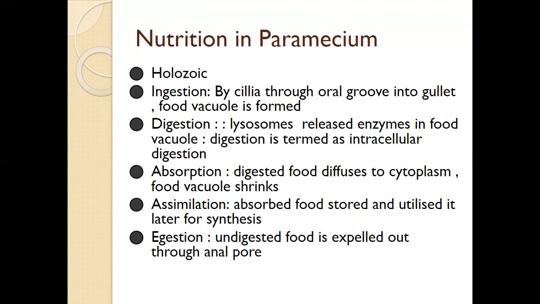But in the case of amoeba, food is expelled out through the plasma membrane, so the whole body is in contact with the surroundings. But here there is a special place for egestion of the undigested food. So these two are the differences between paramecium and amoeba. Rest all are the same.